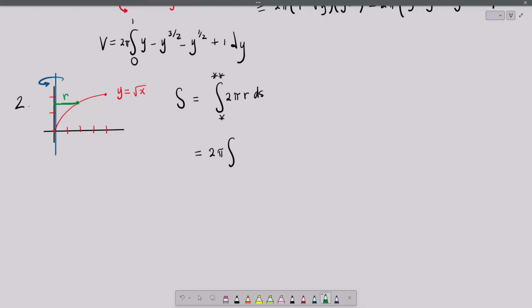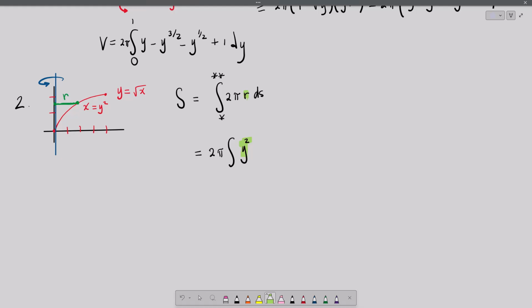The curve right now is presented as a y value, so we want to convert that. We're going to convert it over and say x is equal to y squared. So that's the right x. The left x is just 0. So the radius is going to be y squared. Everyone okay with that? So r is the distance from the y-axis horizontally, so we just solve the curve for x.